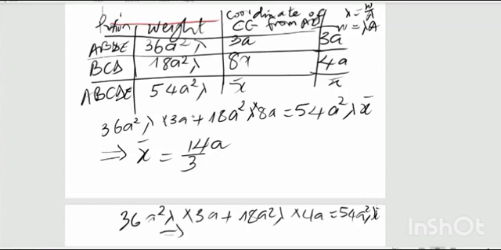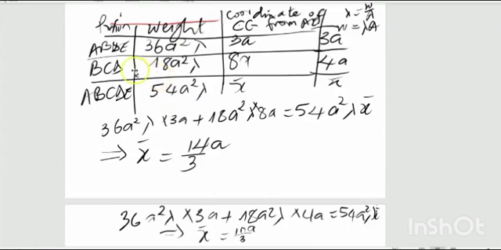When simplified, x bar will be equal to 10a over 3. That will give us the solution to that question. Okay, that's the first question.